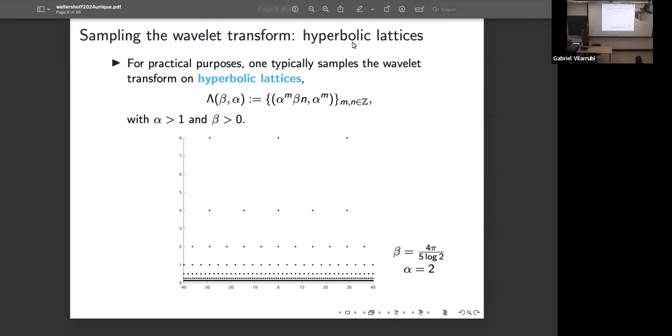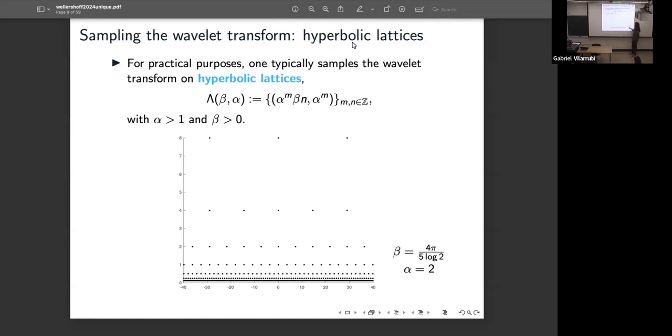Let me quickly show you what that looks like, just so you get a feeling. In this picture, the beta almost doesn't matter. It will play a role later on, but it's just some beta here. You see alpha is equal to 2, and this has some importance, because now you can think of what happens at the individual scale. If we start at this scale up here, this would correspond to m being 3.